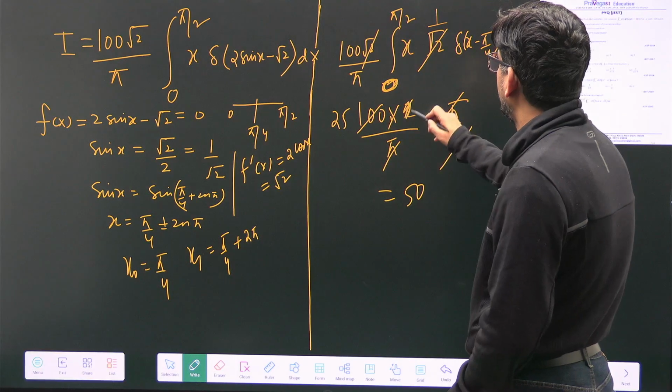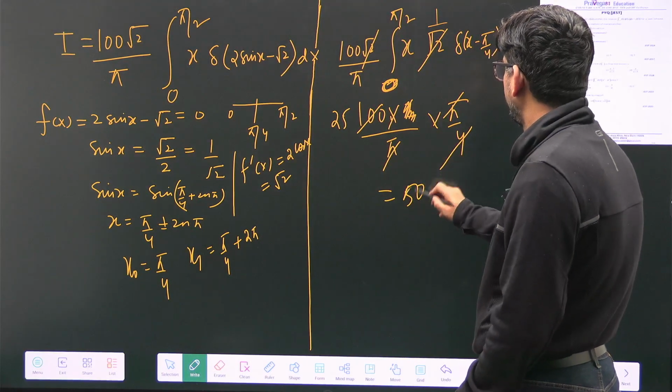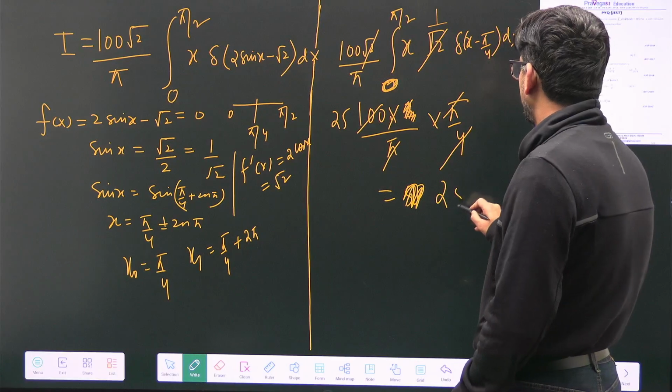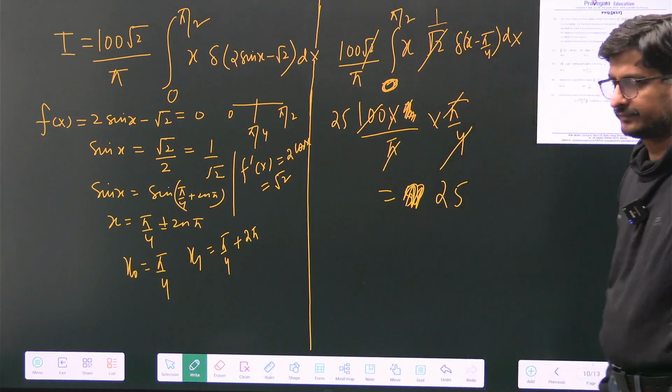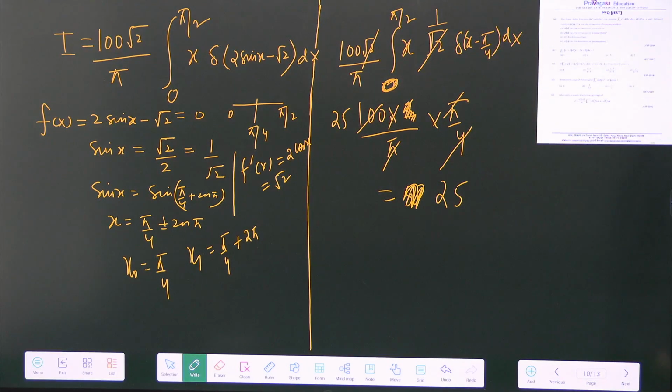So this will not be there. 25. The mod is divided, right? Okay?